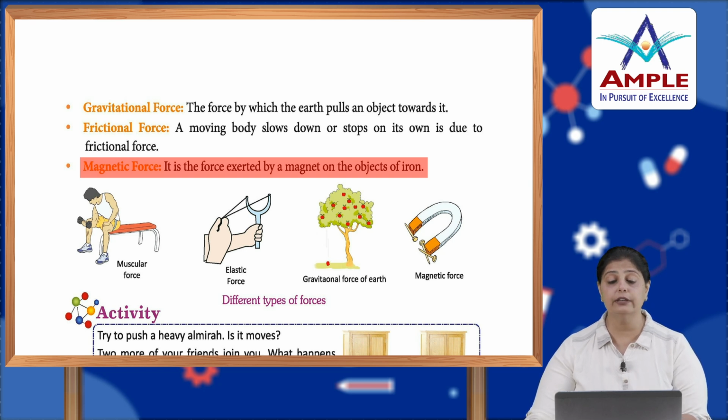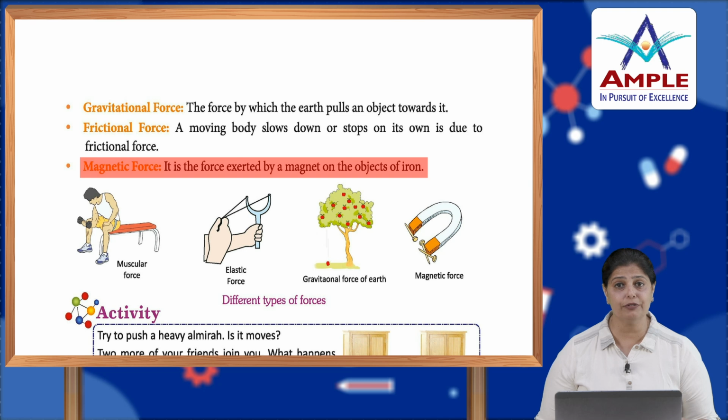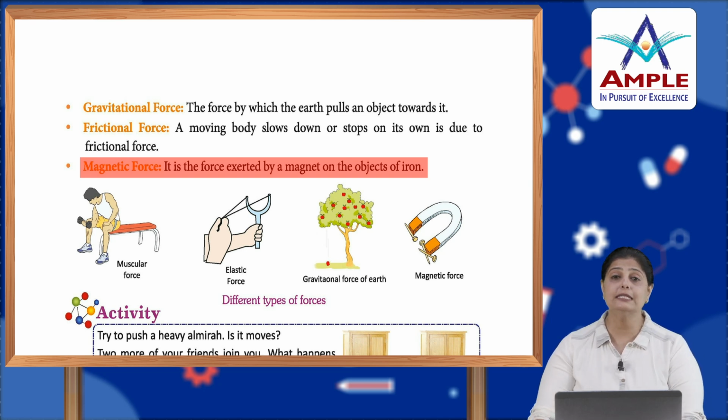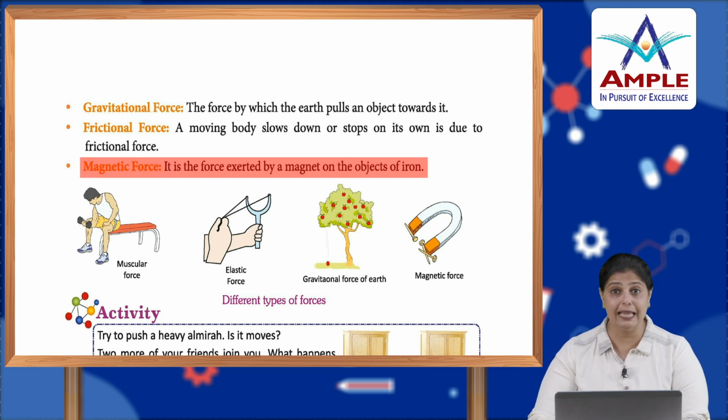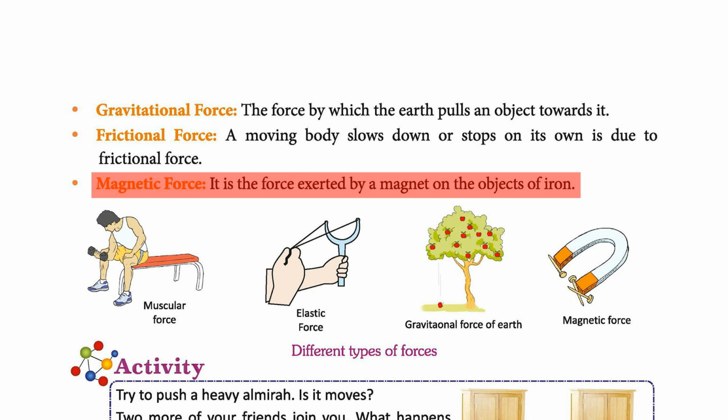If you hold a magnet in front of objects made of iron, like nails, you will see that the moment you hold the magnet in front, they all get attracted towards it. So these are the different types of forces: muscular, mechanical, gravitational, frictional, and magnetic force.